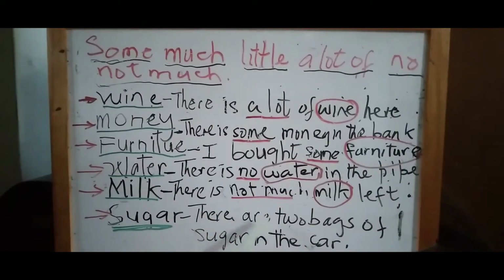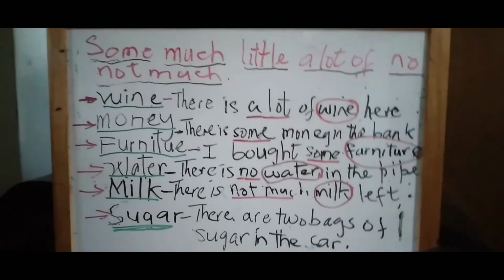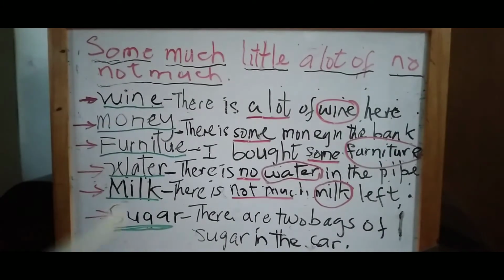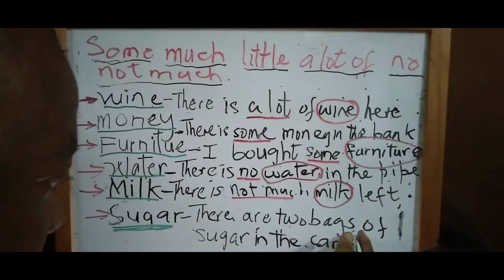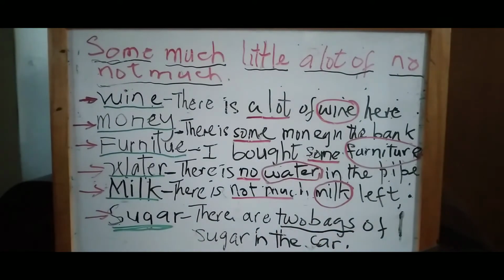In this sentence, you have, there are 2 bags of sugar in the car. We didn't say there are 2 sugar in the car. We said there are 2 bags of sugar in the car. So this is what makes the difference. The 2 is not referring to the sugar, because remember that sugar is an uncountable noun. We said there are 2 bags, so bags is a countable noun.